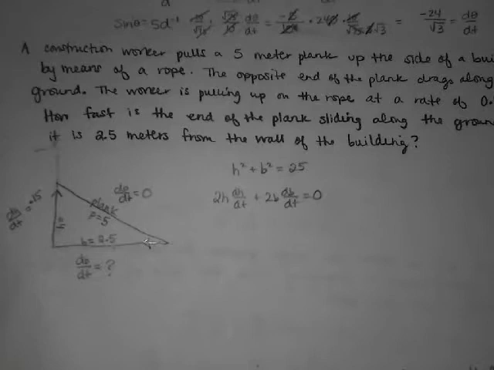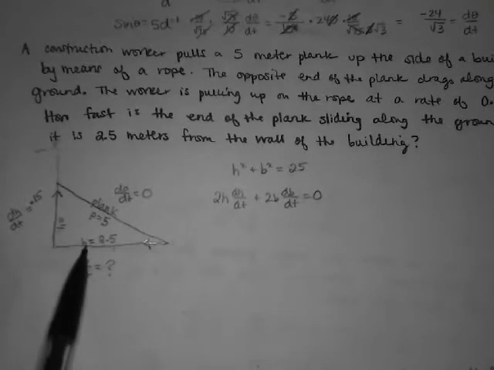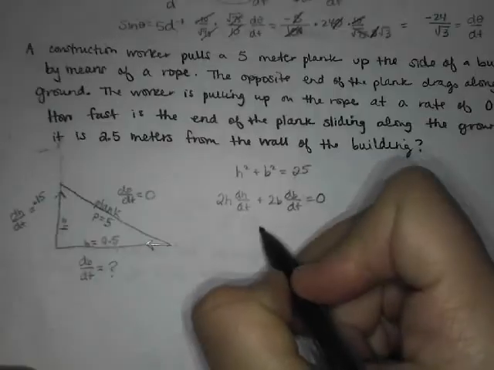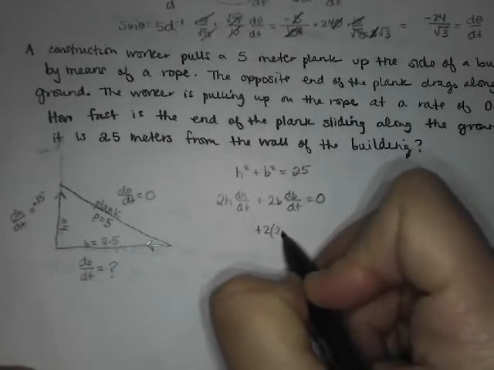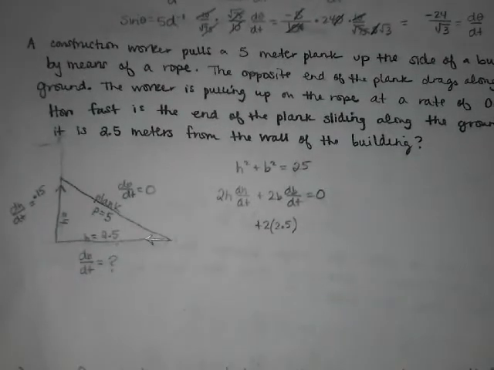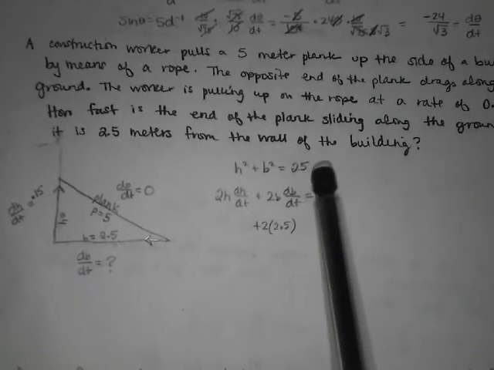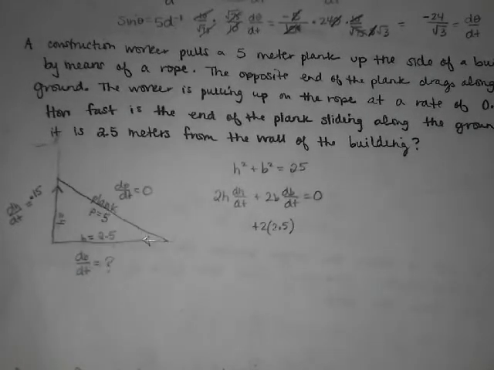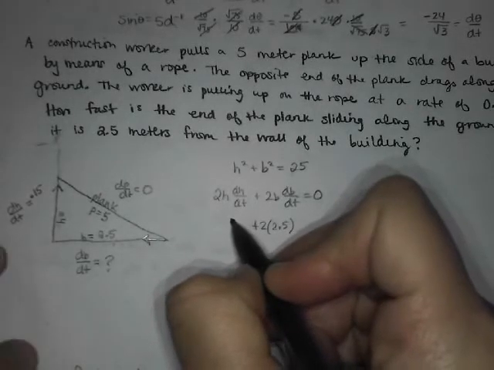That's our B. That's B. But we can put that in. 2 times 2.5. Okay. What else do we know? P? We already used that, though, because that was a constant, we got that right out of the way. dH/dt is 0.15.